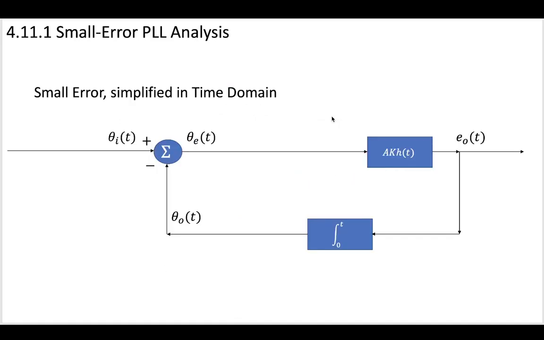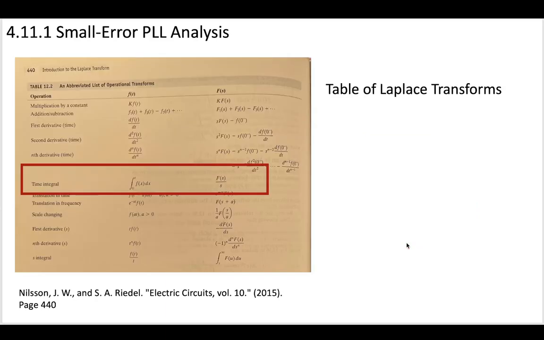Okay, so if we make this small error assumption, we can simplify this into the time domain where we have a summer, so some way of comparing the received input phase and the VCO output phase, and making an error, passing it through a loop filter, getting an output that then goes back in to the VCO, which integrates in time.